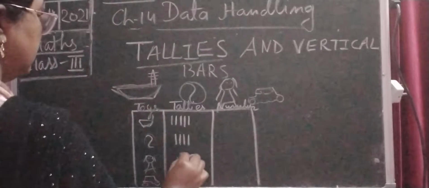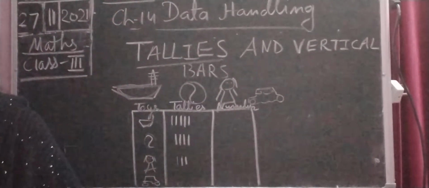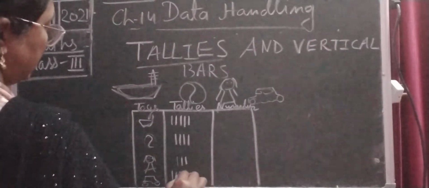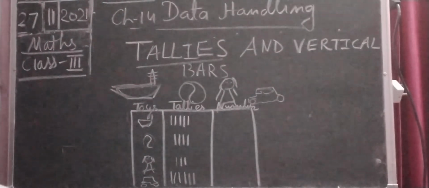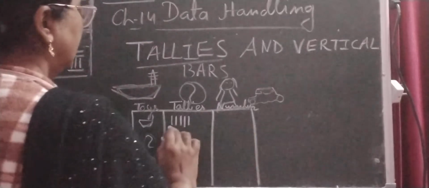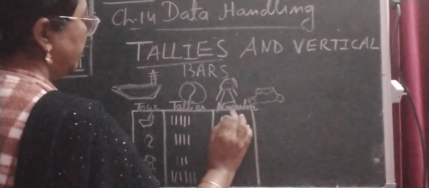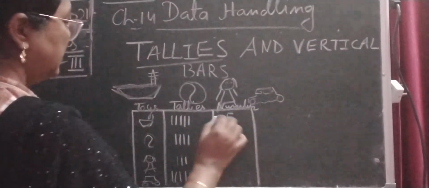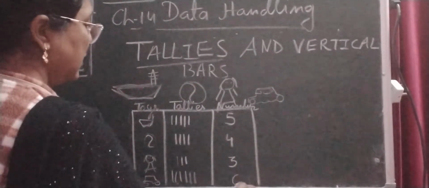Dolls he is having 3 and cars there are 6 cars. अब now उसको रिप्रेजेंट करने के लिए, how many cars are there? So there are 5 boats, 4 balls, 3 dolls and 6 cars.